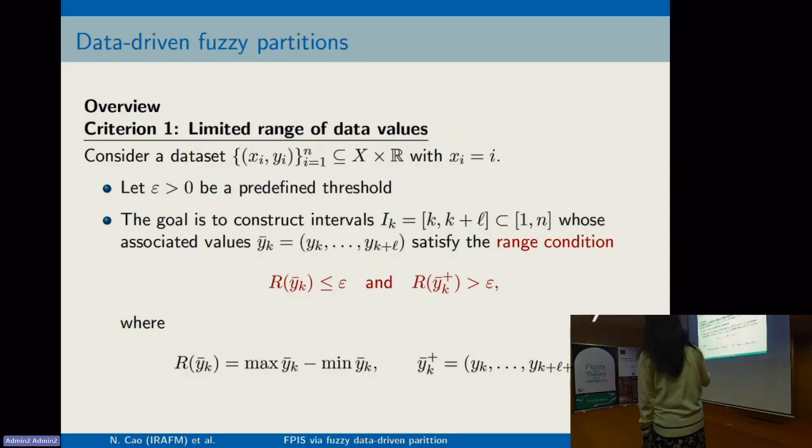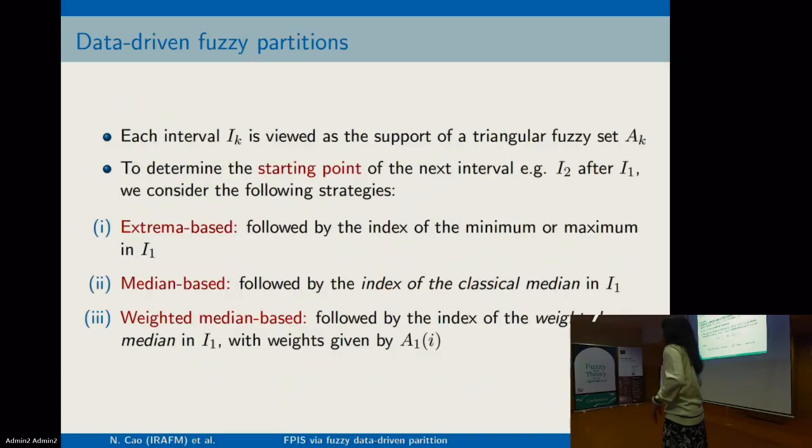Sure, defining the epsilon is another issue, but here we don't focus on epsilon. We just say the criterion is that we construct the interval such that the maximum of the values minus the minimum of the values does not go over some limit.